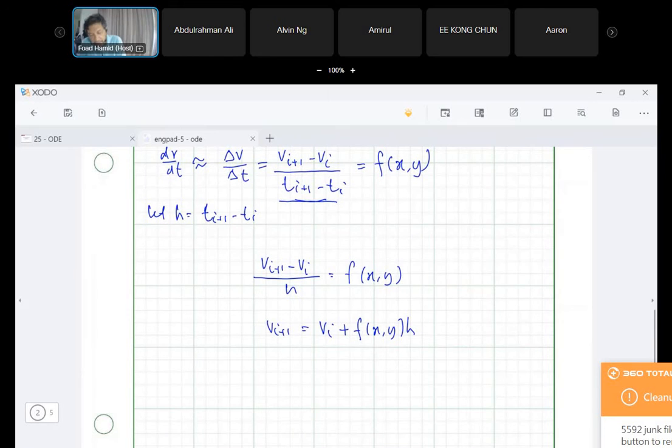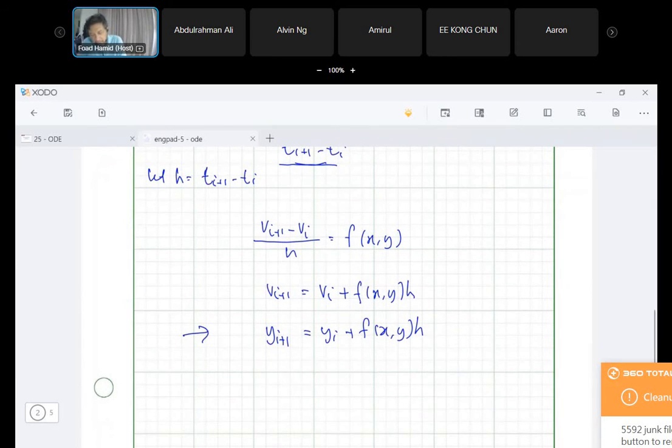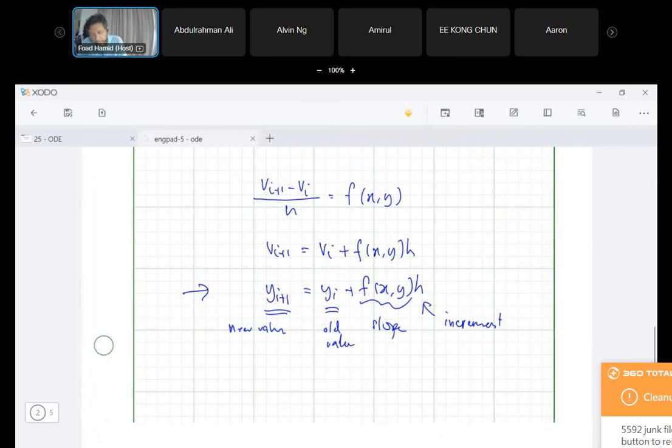In general, yi plus 1 equals yi plus f(x, y) times h. This is the new value, this is the old value, this is the slope, and this is the increment.